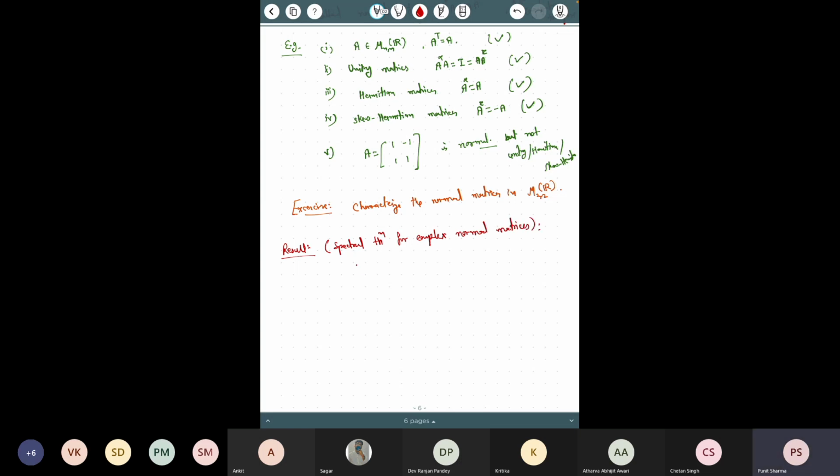So suppose that we have a matrix A of size n cross n over C. Then the following are equivalent.